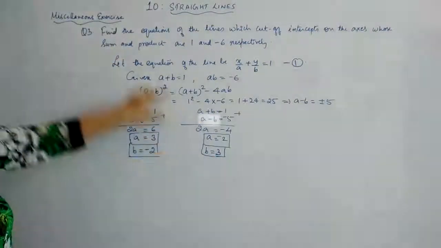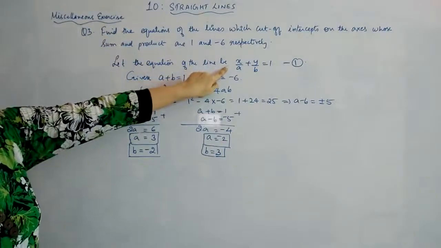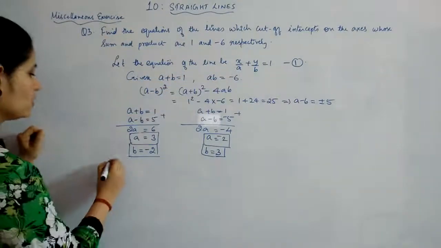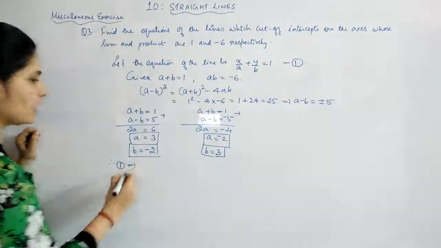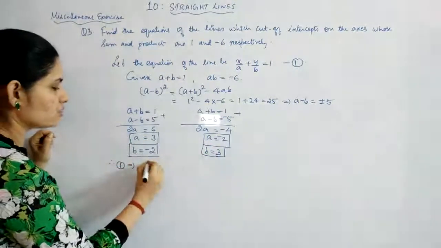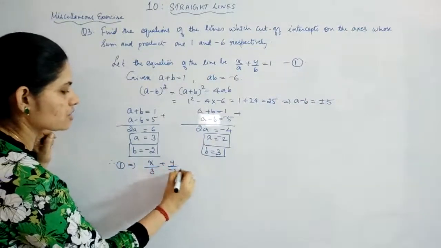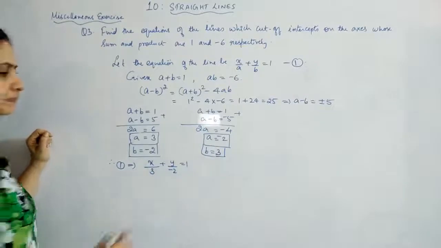Now our purpose is to find out what the equations are. So we are substituting in the equation which we have taken. Therefore, when your a is 3 and b is minus 2, it will give you x by 3 plus y by minus 2 is equal to 1.